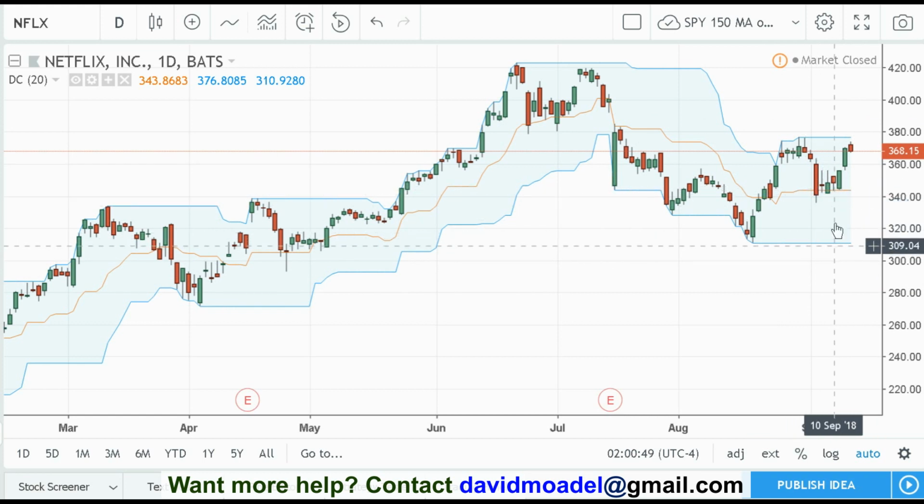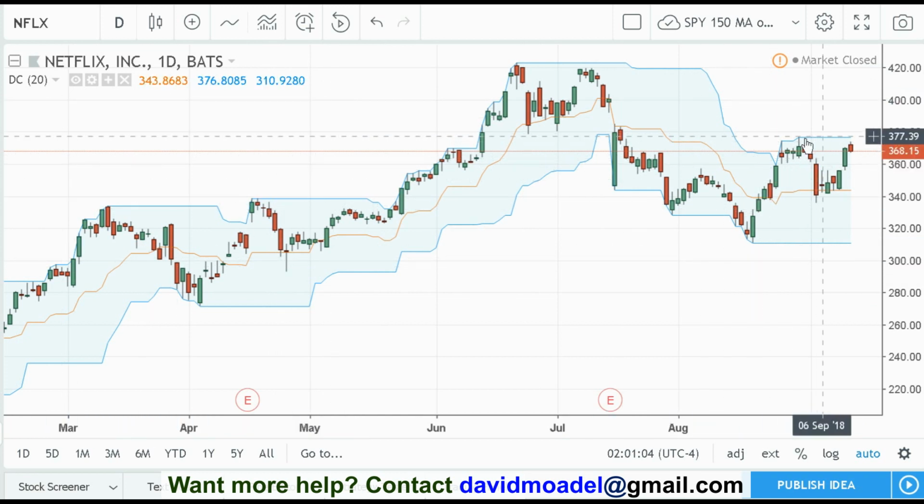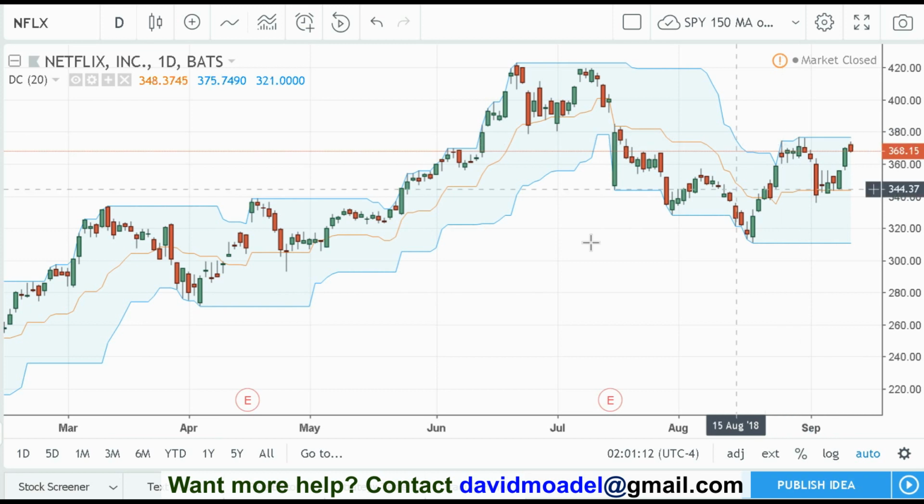All right, let's start with the top one. The upper line here, or upper band, is the highest price of the look back period. So right now it's 20, and it's a daily candlestick chart. So this upper band tells you the highest price that Netflix has reached in the last 20 days, the last 20 candlesticks. Okay?